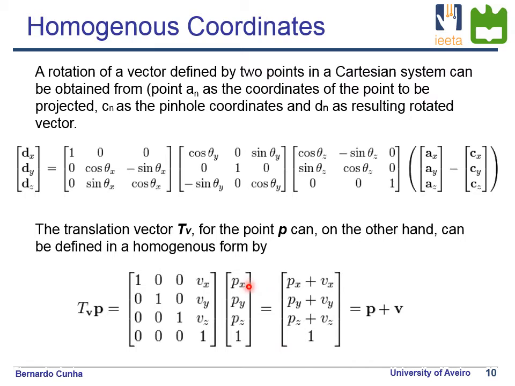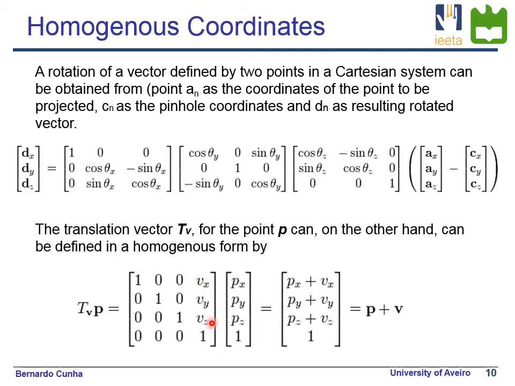So Px, Py, and Pz is basically the original point that you want to translate. Then you have here the translation matrix. As you can see, it is a homogeneous matrix. In terms of these three components, you have a 3x3 unity matrix, and the W value in this case is also 1.